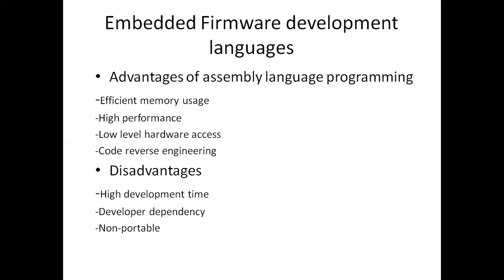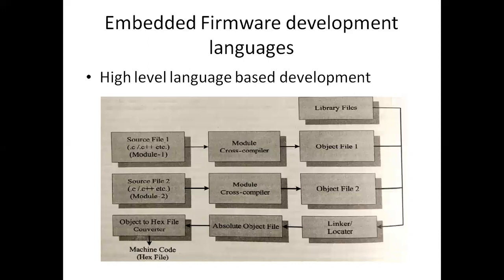Next, in order to overcome these disadvantages of assembly language, high-level languages are used. An example of a high-level language may be C, C++, Java, etc. The program written will be saved with an extension; if I am making use of C language, it will be with an extension .c.